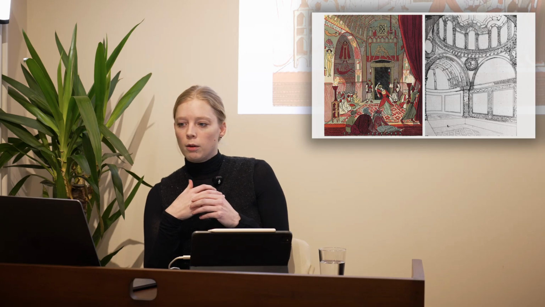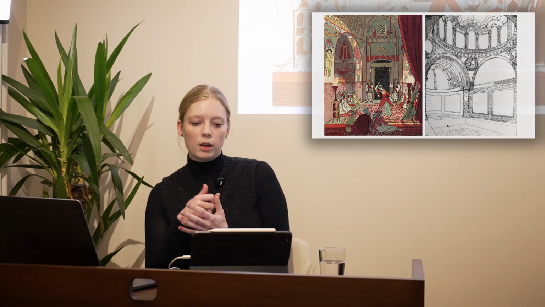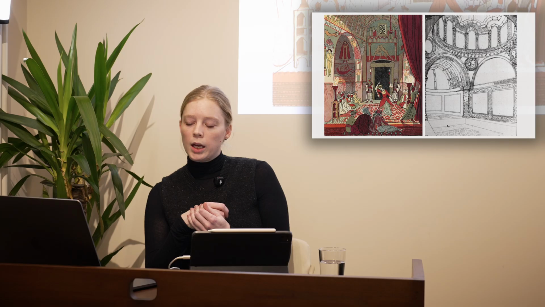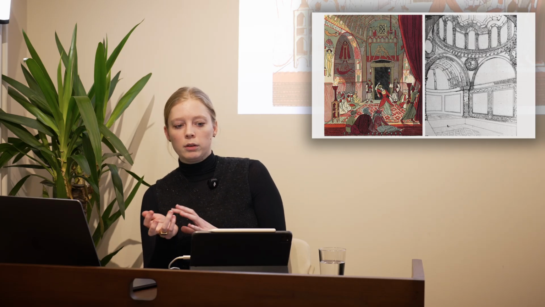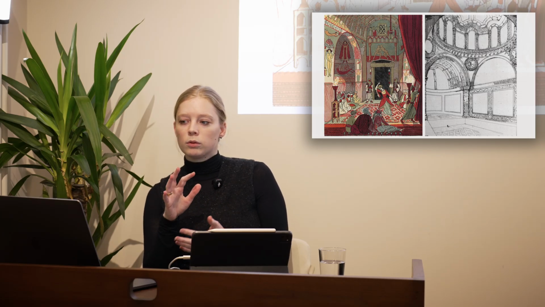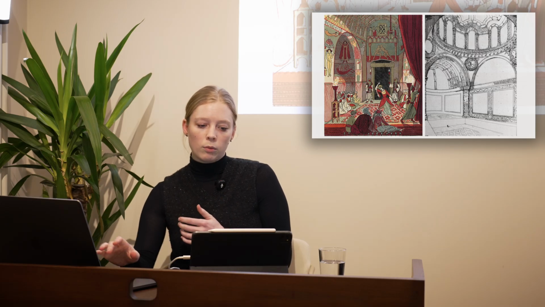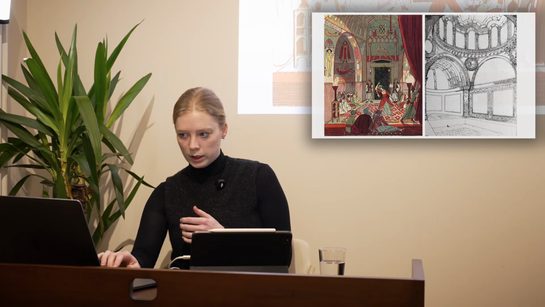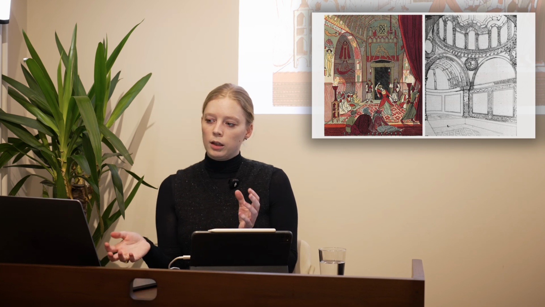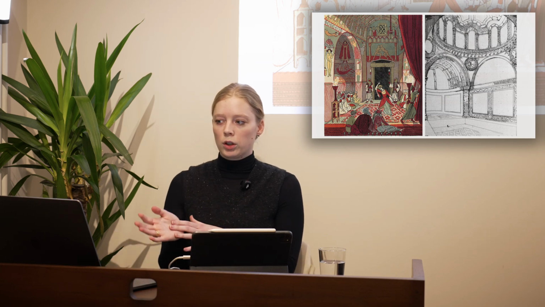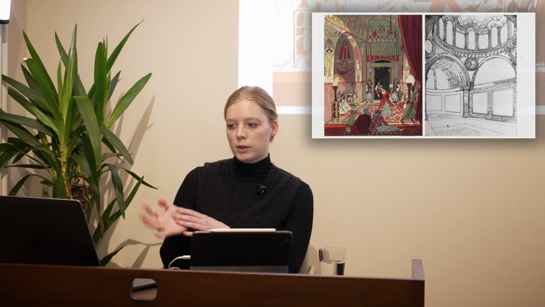So I'm just going to touch on a few different things. And again, this theme of temporality and loss through various kinds of depictions. In this case, the image on the right is an archaeological reconstruction of a site.